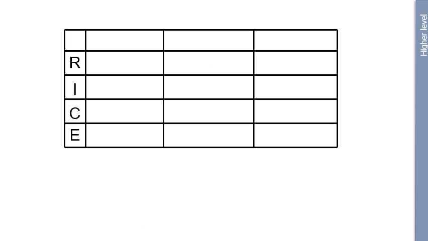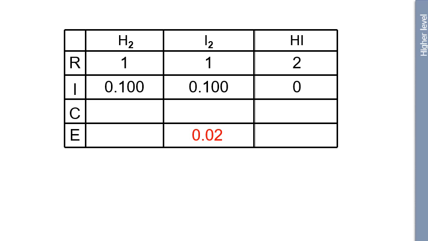for iodine. Okay, so from those values, you can start plugging in the numbers. So 0.02 we already know, so that means it's gone from 0.1 to 0.02. The change has been 0.08 mole. And it's the same, because it's a 1-to-1 ratio, with the hydrogen.